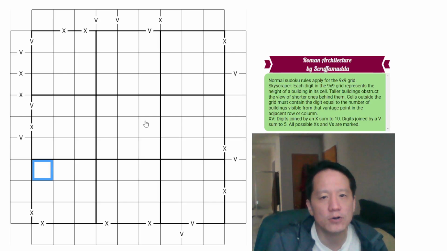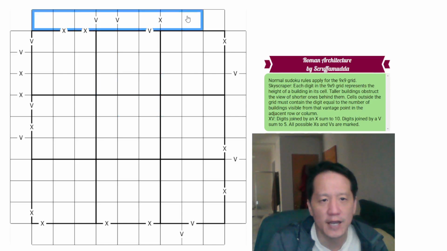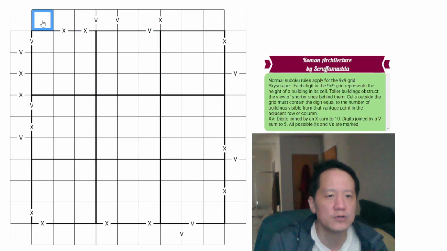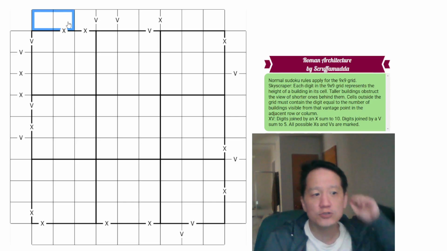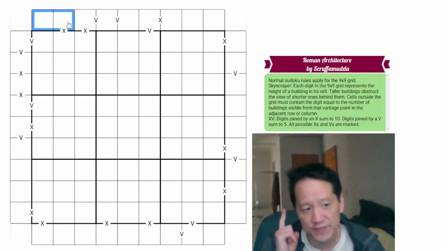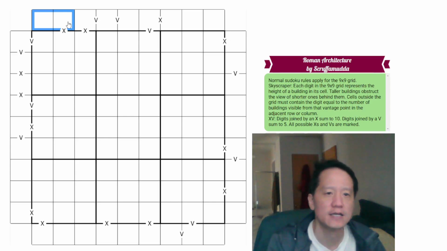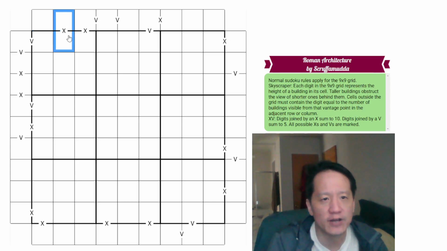So we know that anywhere in this puzzle, if two adjacent cells, the two cells sharing an edge, do not have a V or an X between them, those two cells cannot add up to 5 or 10.